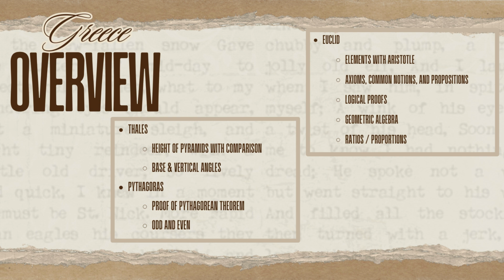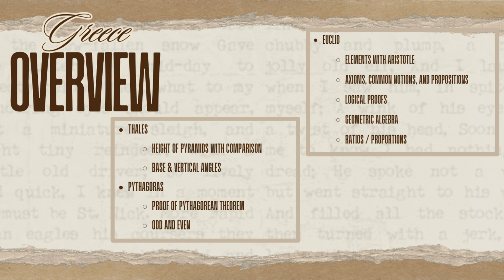And then we see a huge one, which is Euclid, with his Elements, the 13 books of Elements. A lot of that, especially in the first book, was written with Aristotle's ideas in mind. And he used axioms, common notions, and propositions to create what he believed and what he thought was correct.